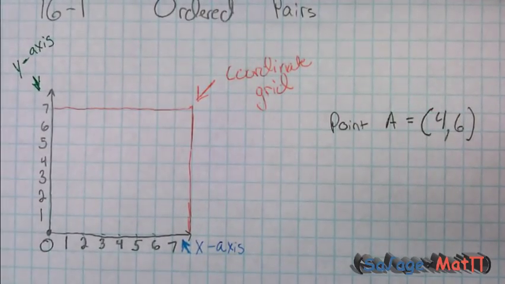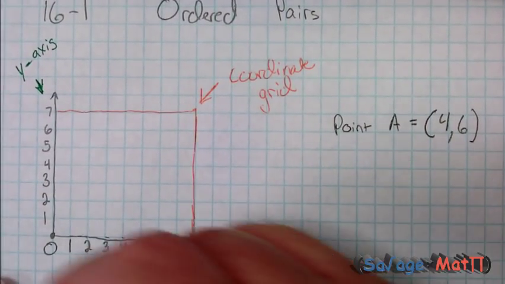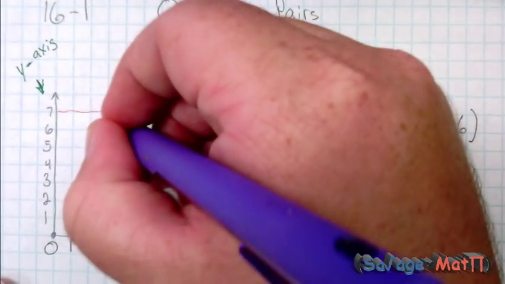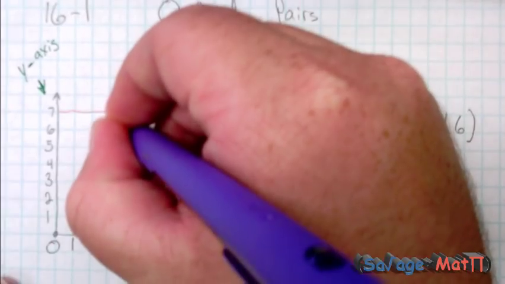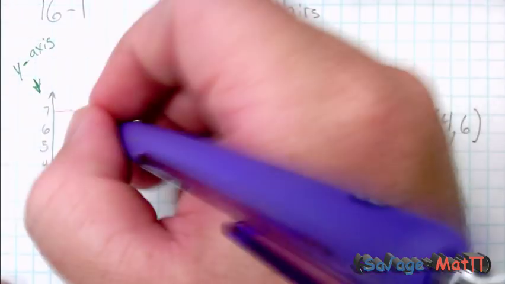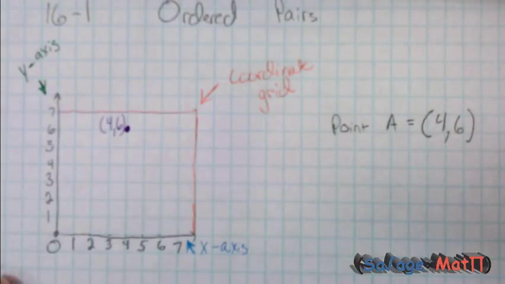When we go to plot this, we go to the 4 on the x-axis, and then we go up to 6. So my dot is right there. And right over here, I'm going to label it (4, 6).